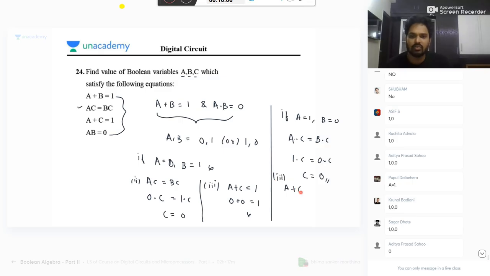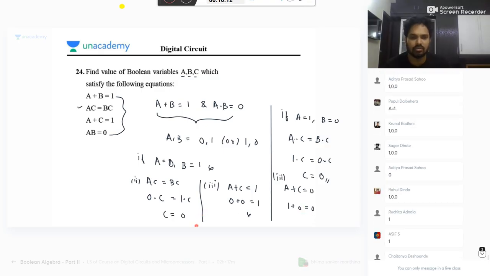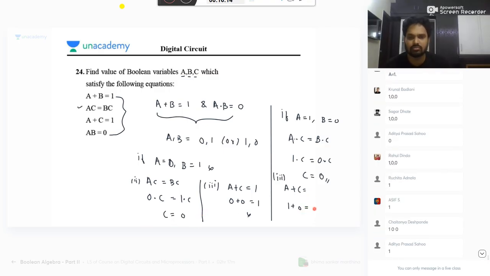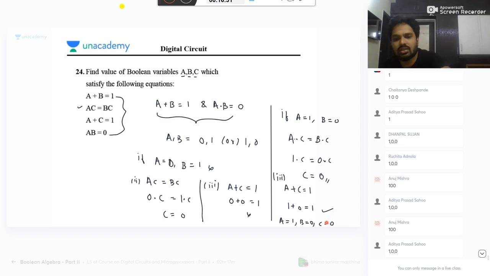A plus C equal to 1 plus 0 equal to 1. So true, it is satisfied. So what is the answer? A equal to 1, B equal to 0, C equal to 0. This is the only one that satisfies the required condition.